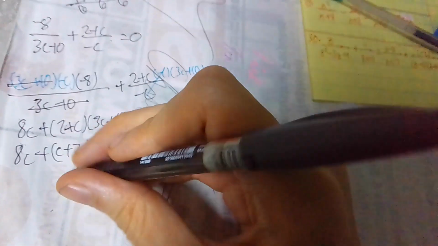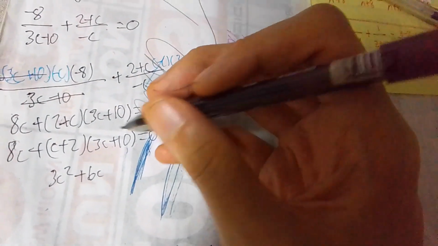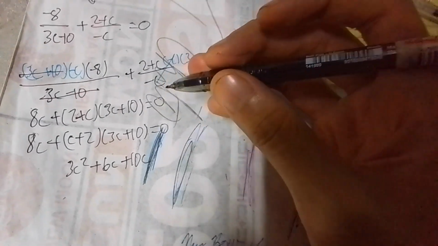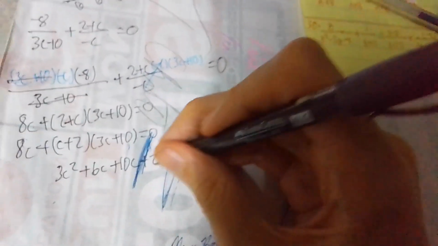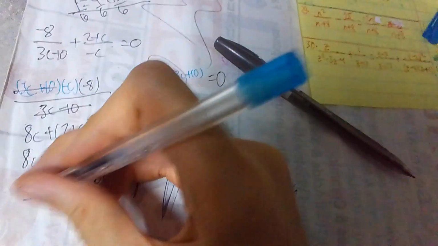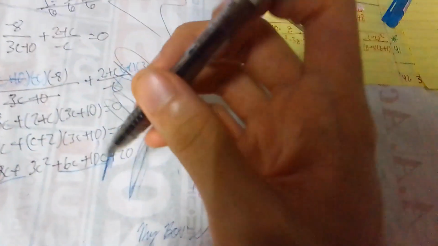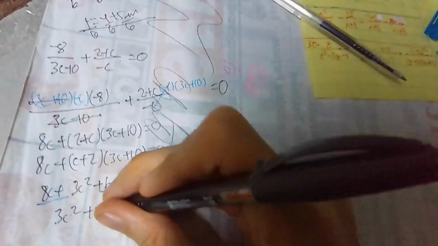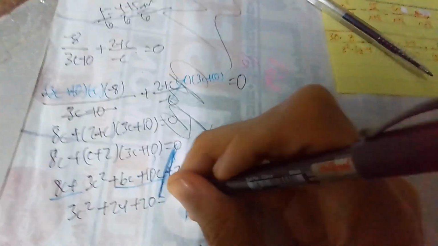So that becomes 3c squared, 6c, 10c, and 20. And then everything is added by 8c. Now all we have to do is combine like terms. 10 plus 6 is 8, so that's supposed to be 24. So 3c squared plus 24 plus 20 equals 0.